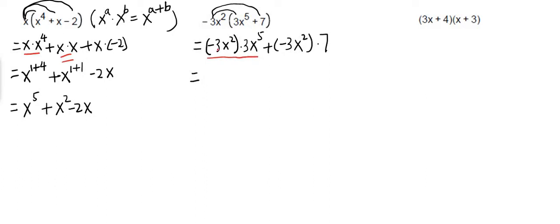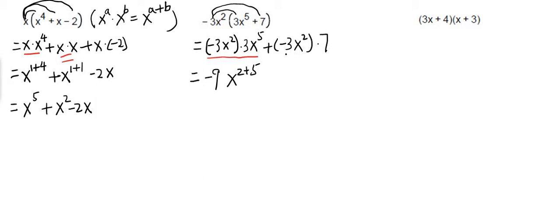Now let's take a look at this term. We have constants and we also have x terms. For the constants, we have -3 times 3, that is -9. For the x terms, we have x squared here and x to the power 5, so we follow this formula: 2 plus 5.